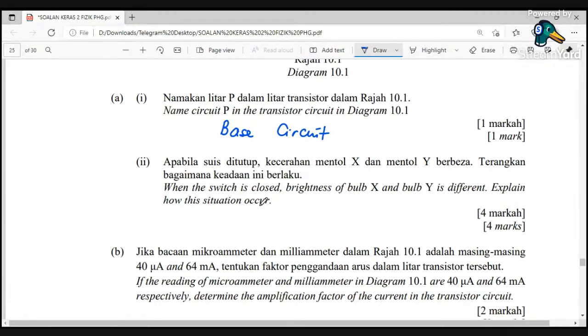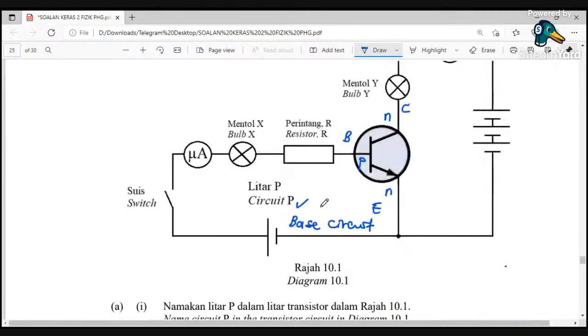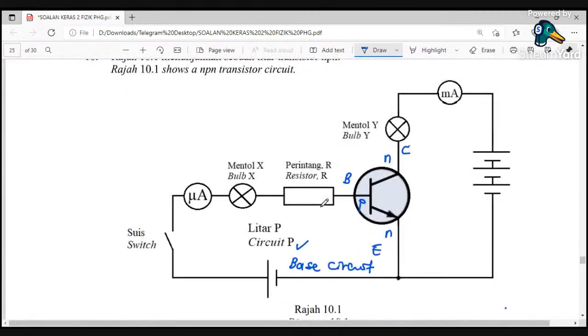Part 2, when switch is closed, brightness of bulb X and bulb Y is different. Explain how this situation occur. Kenapa bulb X and bulb Y dia punya brightness tak sama. So you have bulb X in the base circuit, bulb Y in this circuit that we call it collector circuit.